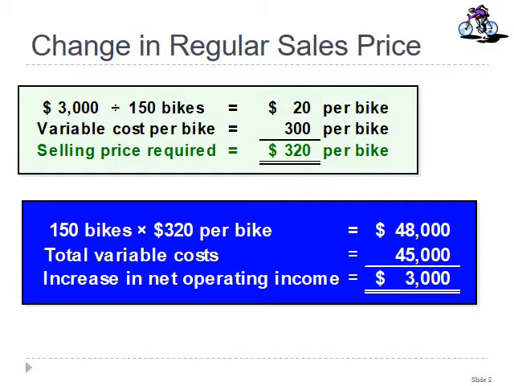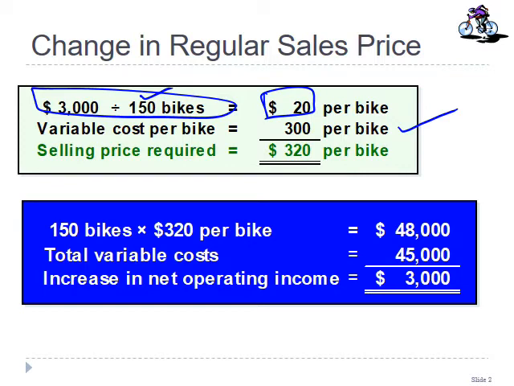Here it is. So if we desire a profit of $3000 on the sale of 150 bikes, right? So we must have a profit of $20 per bike. How? Because we know that if we want to earn 3000 dollars, we divide by 150 bikes, so the answer is $20. And what was our variable cost? $300 per bike.